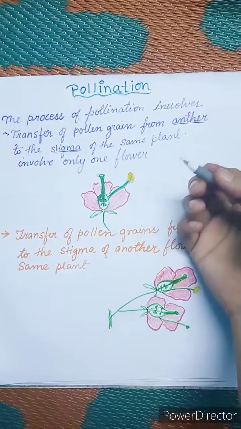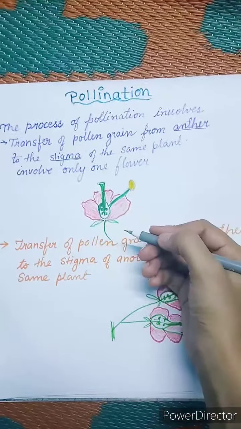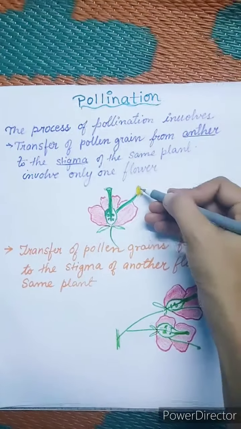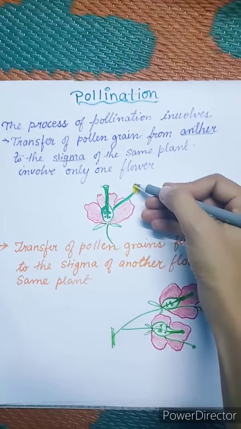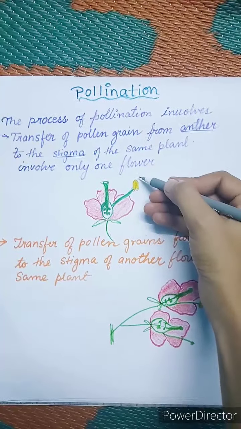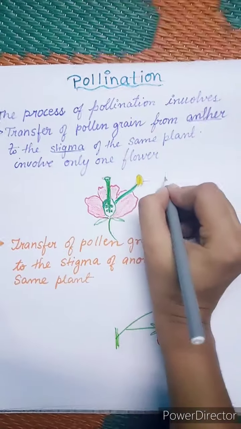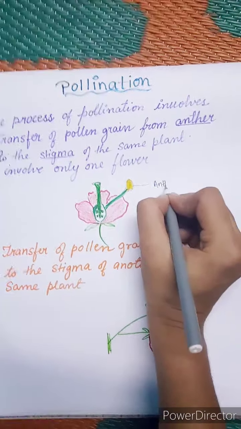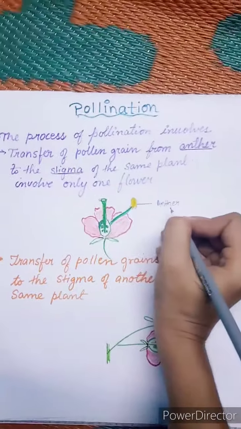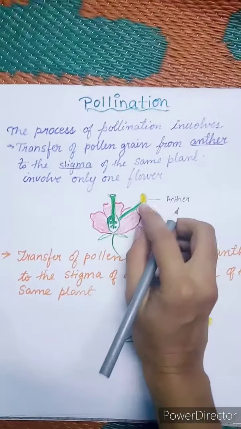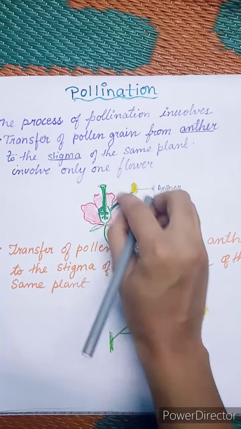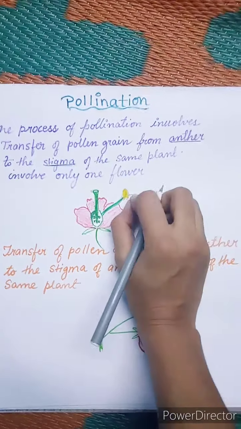So in the previous video you have seen that this part is called the anther, the male part. The pollen are present here.